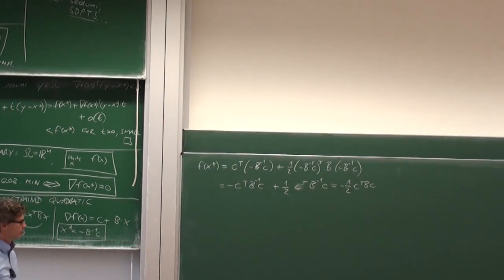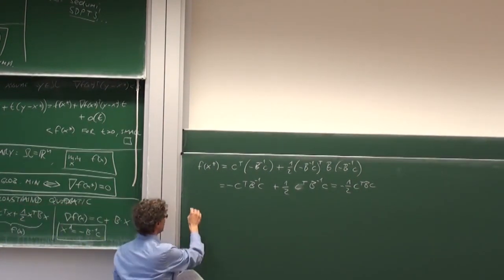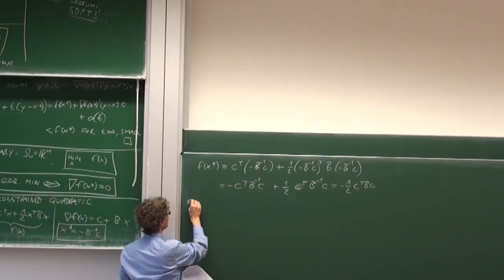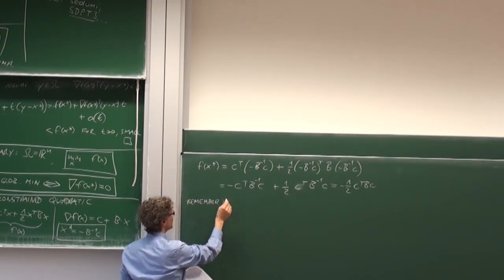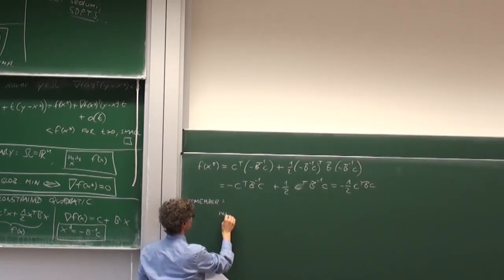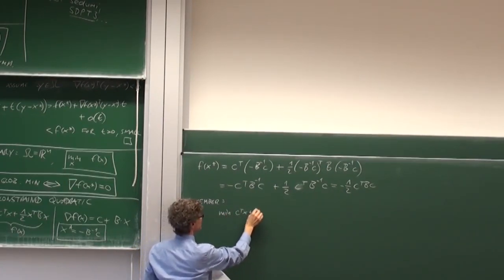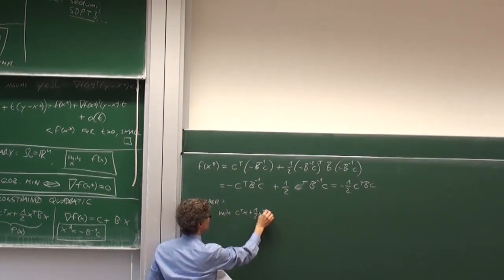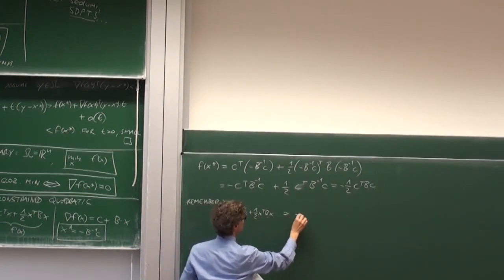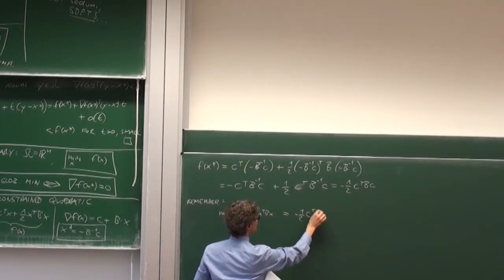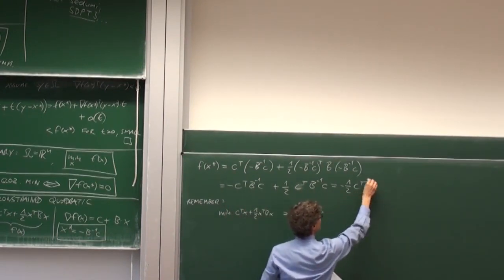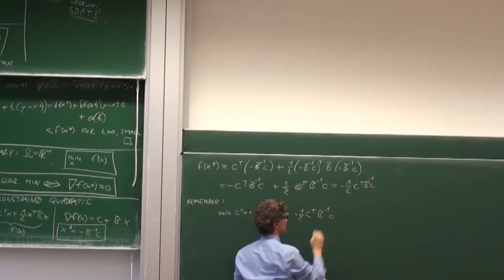So one thing to remember, because we sometimes use it, it's a useful identity which I would like you to remember. And this identity is that the minimum value of c transpose x plus 1/2 x transpose b x is equal to minus 1/2 c transpose b to the minus 1 c.